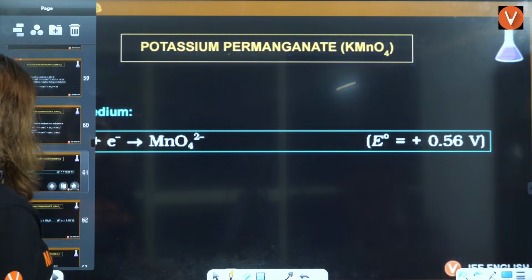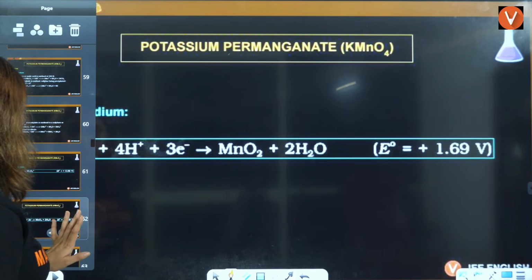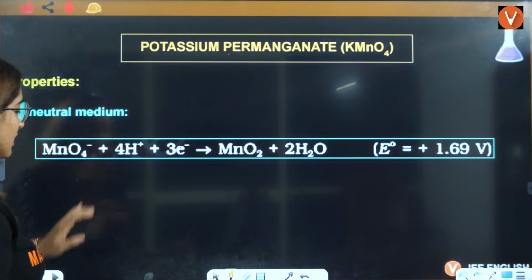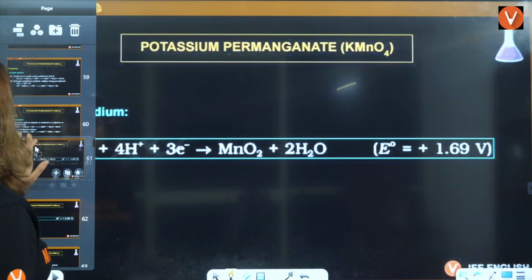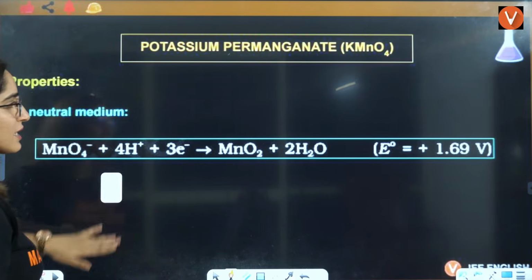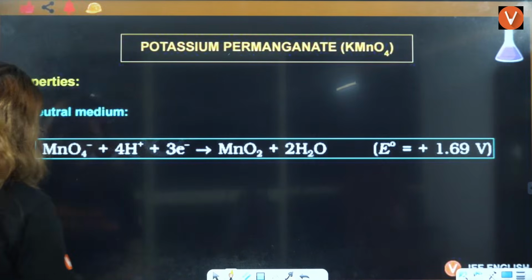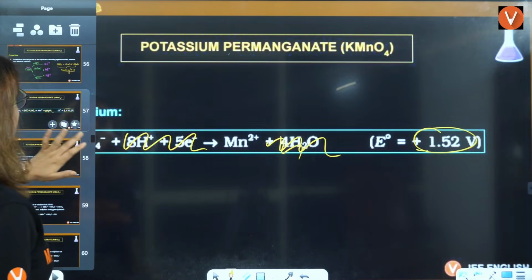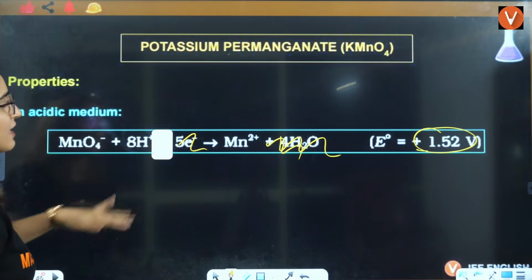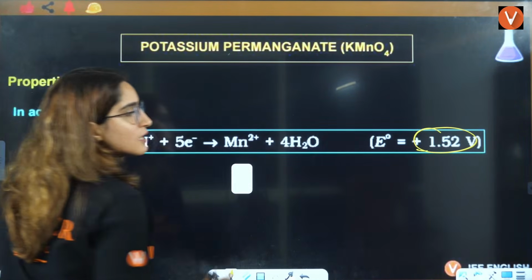And in the neutral medium, let me just show you that. If you can see here, it is 1.69. Here it is 0.56. And in acidic medium, it is 1.52. So accordingly, it has its E0 values, right?